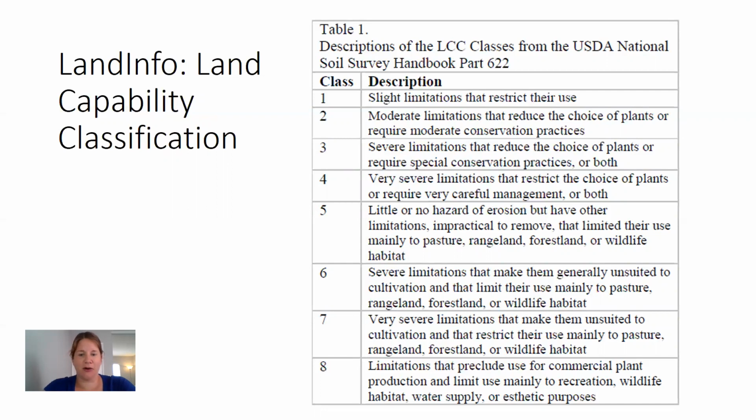So you collect, and we'll go through this, you collect different data about your land, about the soil, about the slope, different things like that. And based on that, it breaks up land into 8 very basic categories.